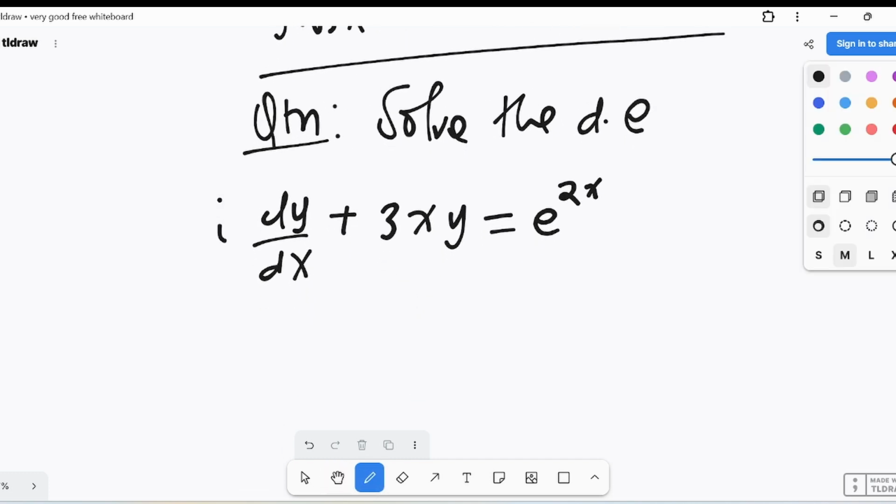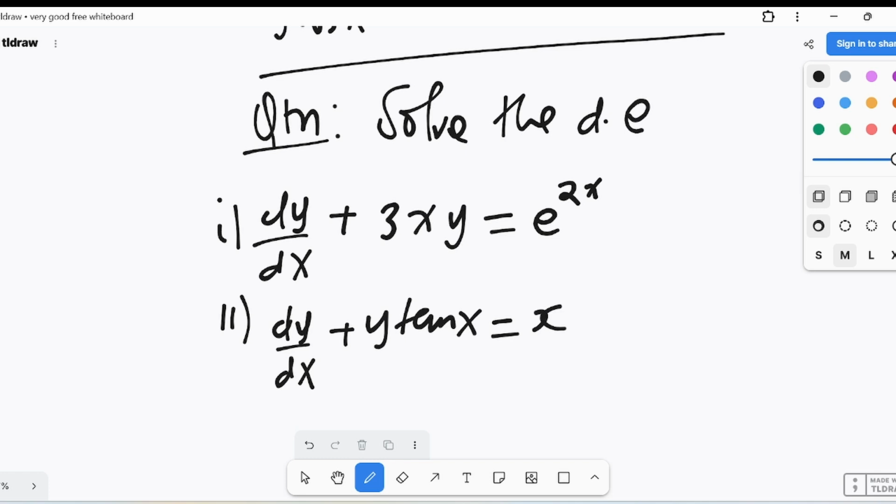And the second one, I'm giving it to you: 2 dy by dx minus y plus y tan x is equal to x plus 1.